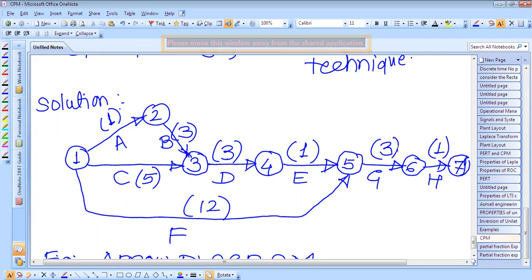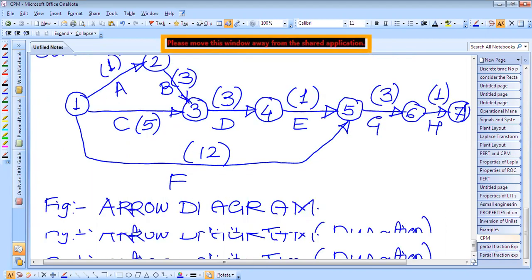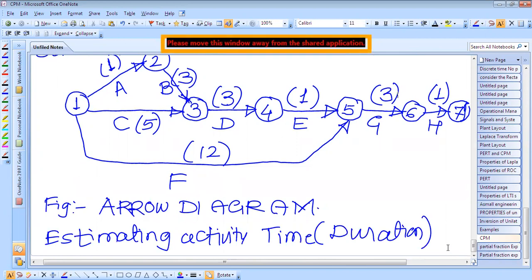Now we have to prepare the analysis table, meaning EST, LFT, earliest start time, latest finish time, we have to calculate for these activities. And now we'll make one table.